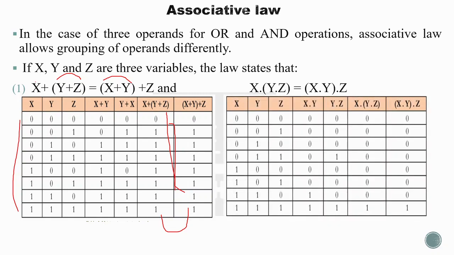Next, (x into y) into z is equal to x into (y into z). Here also, we find x into y, y into z, and the two products. These two columns are exactly equal. So our AND operation is also associative.